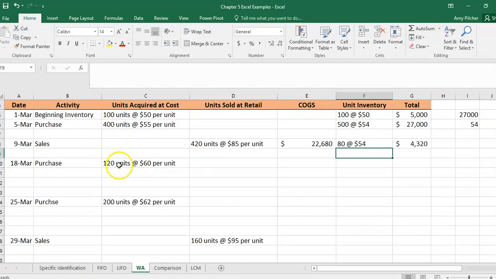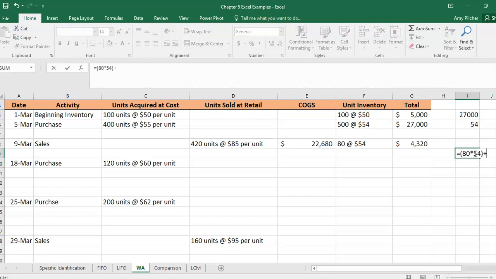Then we buy another 120 units at $60 per unit. So we need to calculate a new average cost. So we take our 80 times 54 plus 120 times 60, which gives us $11,520.